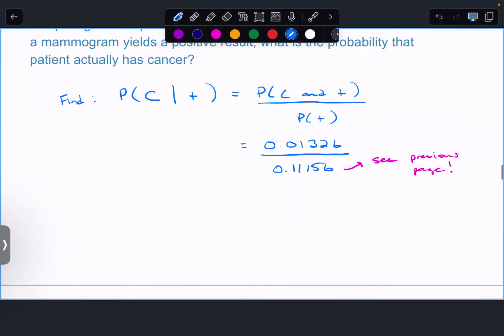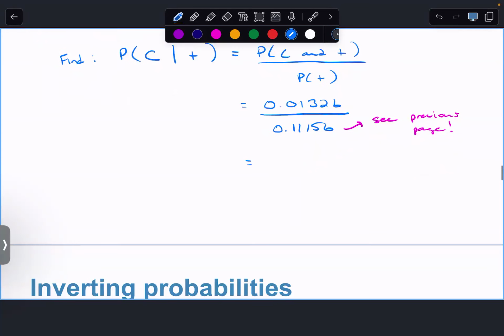So now, 0.01326, now it's just math, divided by 0.11156. I get 0.118859864, because I don't know when to stop.